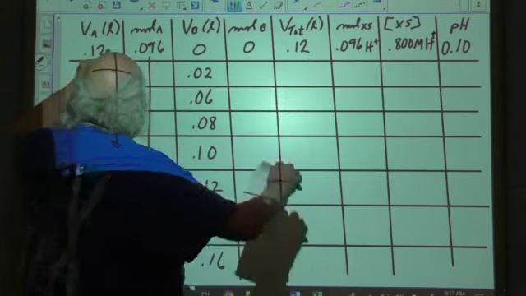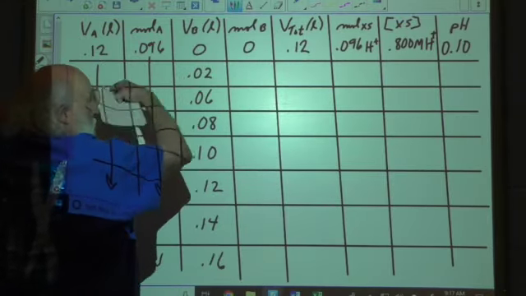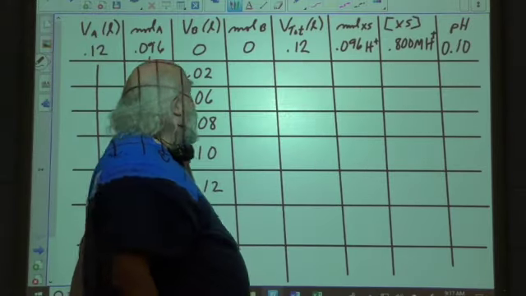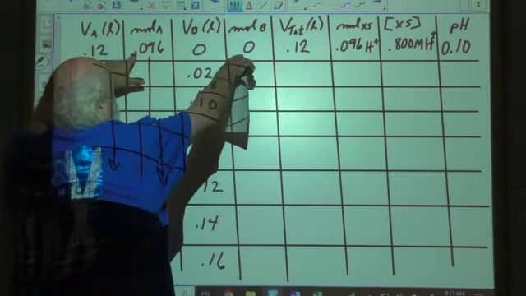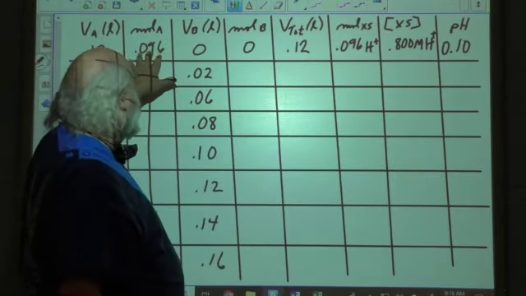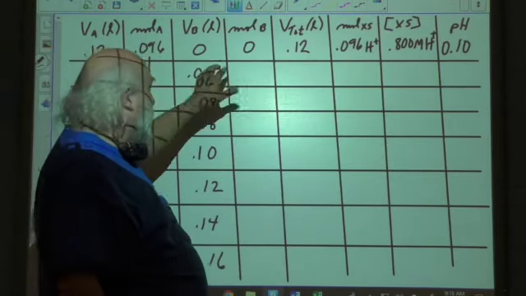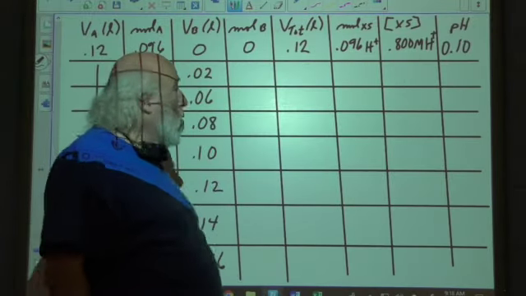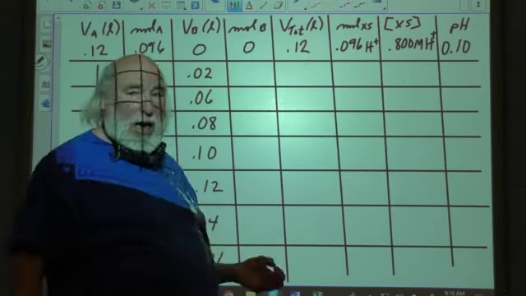Your total volume is VA plus VB. That's how much the beaker is going to have in it. The moles of excess, these two moles are going to react together. Now, since there's no base here, it's not going to take off from 0.096. So we have an excess of 0.096 moles of hydrogen ions.